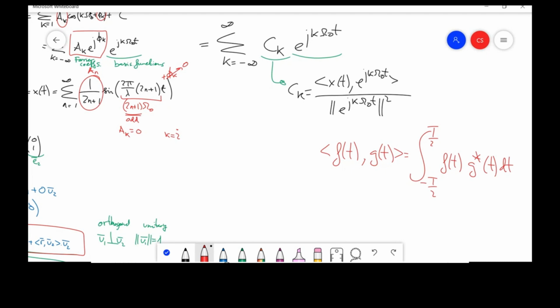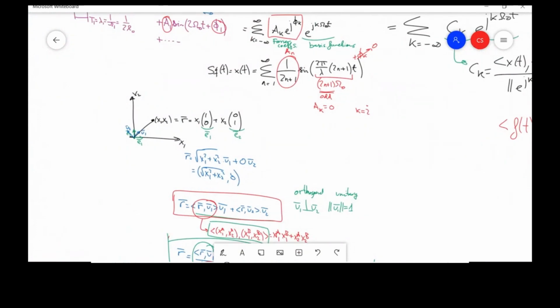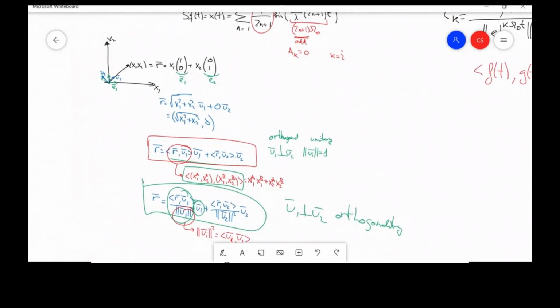And the same for the norm; it is also computed in that way. So what we are doing with the Fourier series is exactly the same as we were doing here with vectors. The Fourier series is nothing more than expressing our signal in a different basis.